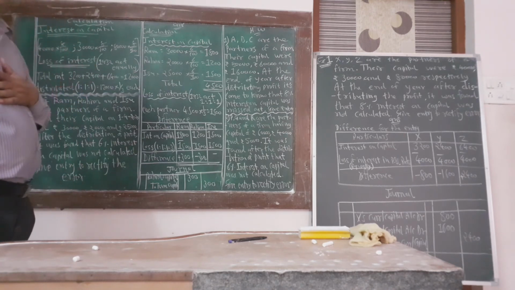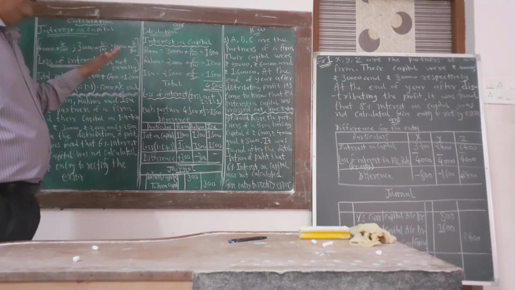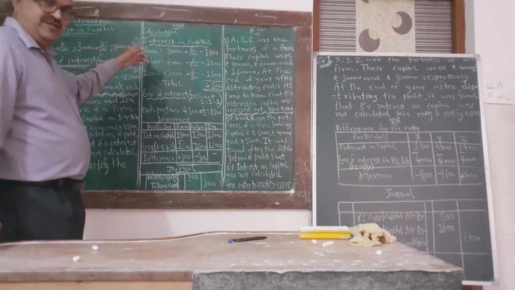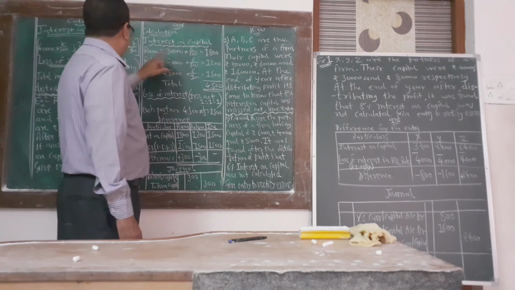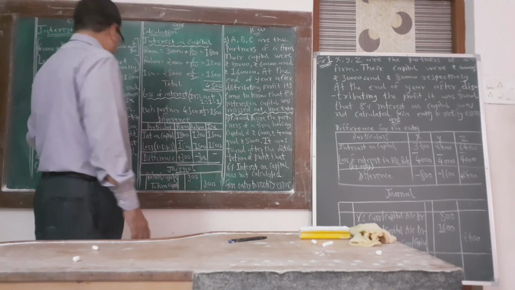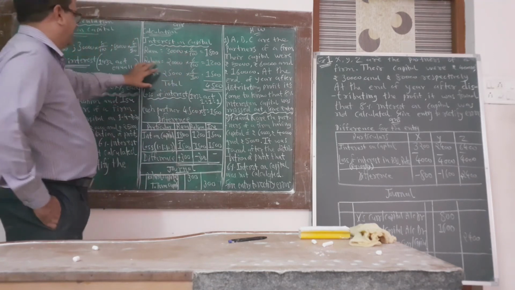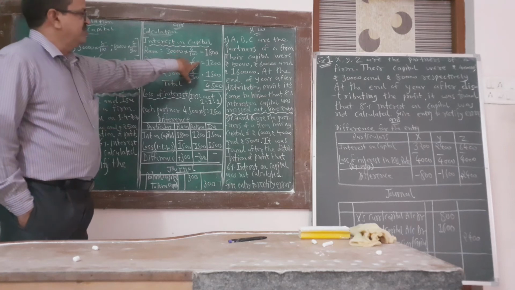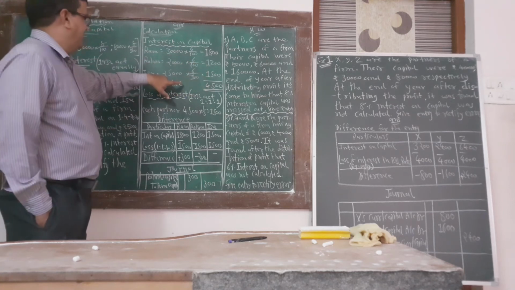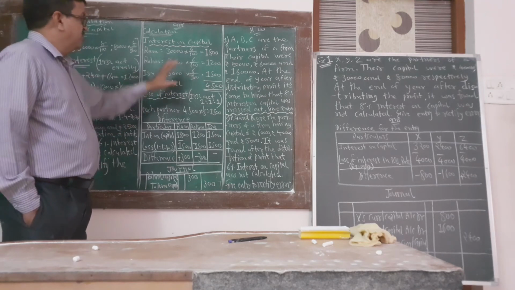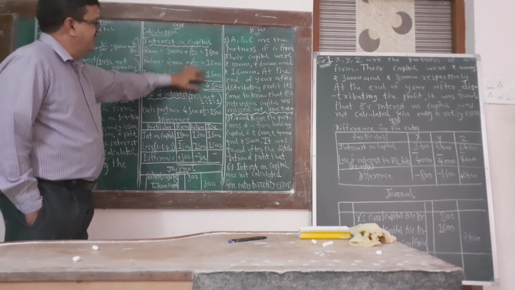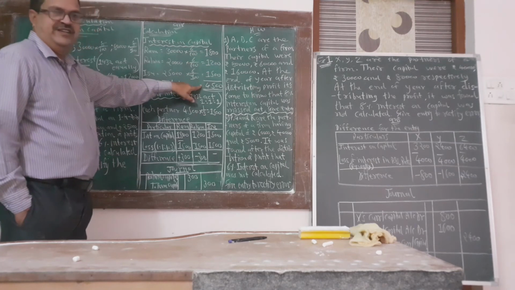Give an entry to rectify the error. So you can also write down the calculation first. Interest on capital: 30,000 into 6 by 100, 1,800. Rahim: 20,000 into 6 by 100, 1,200, and 25,000 into 6 by 100, 1,500. So the total interest on capital is rupees 4,500.